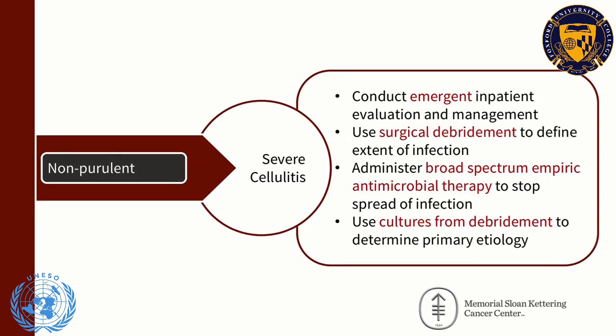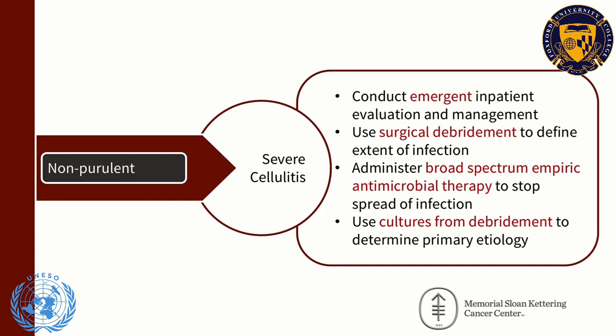Any patient diagnosed with a severe non-purulent cellulitis requires emergent inpatient evaluation and management with surgical debridement to define the extent of infection and empiric antimicrobial therapy to stop the spread.